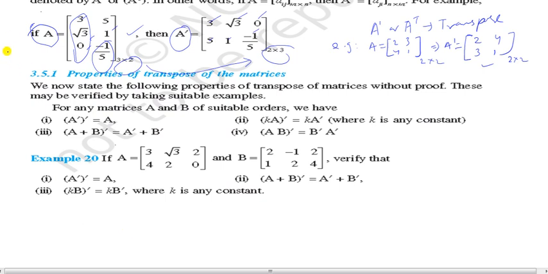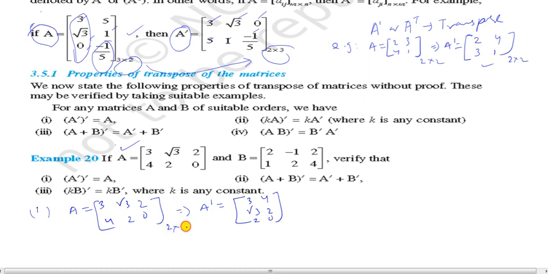Suppose I take this matrix A, and I have to prove A dash whole dash equals A. First A is 3, root 3, 2, 4, 2 and 0. So here A dash, that is transpose of A, will be 3, 4, root 3, 2 and 2, 0. Here it is a 2 cross 3 matrix, and this is a 3 cross 2 matrix.